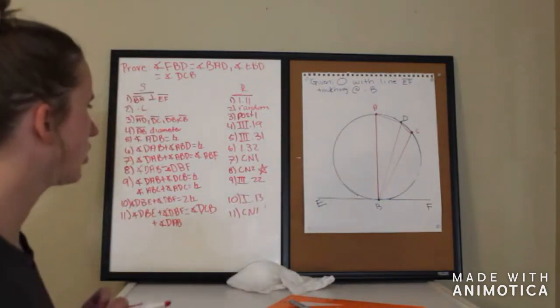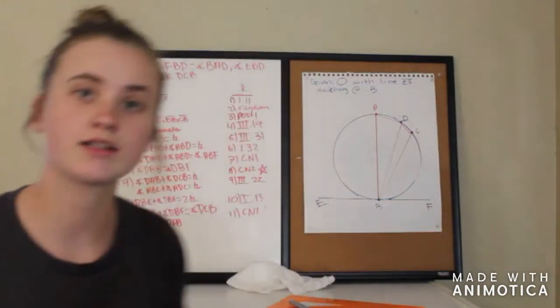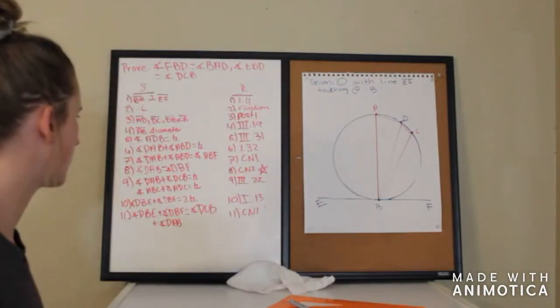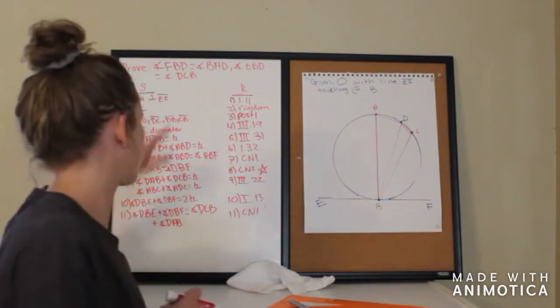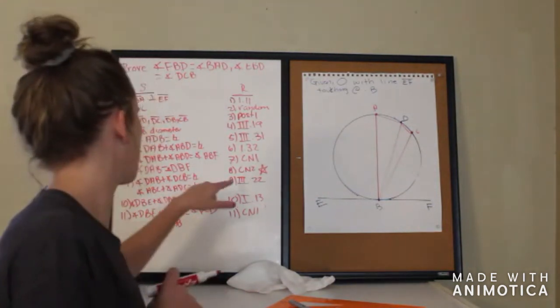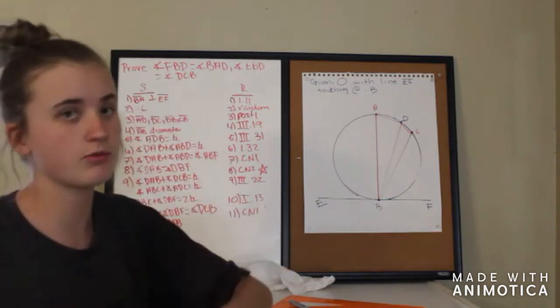And so again, we're going to use common notion 2, and we're going to subtract angles from both sides of the equation. The angles that we are going to subtract are these two angles, because we already established that they were equal, so we're going to subtract them from both sides.